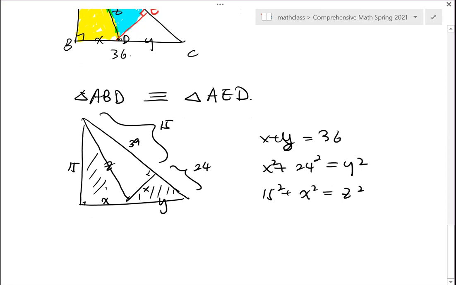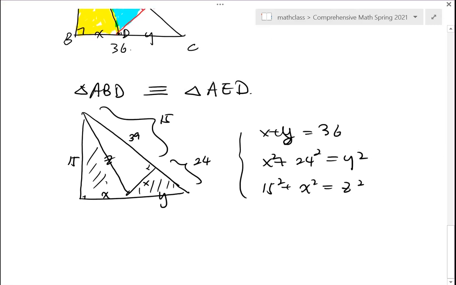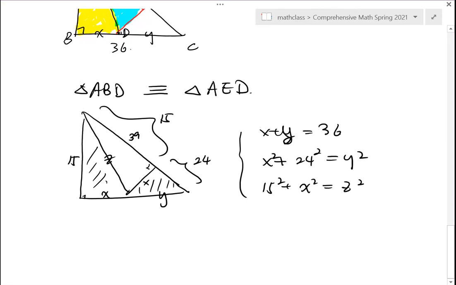Wow, we do have three equations, and you can solve that. I think you find X and Y from the first two equations.